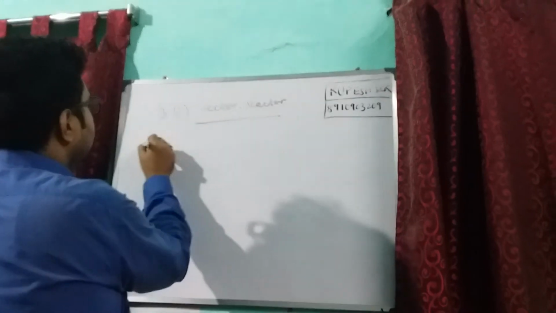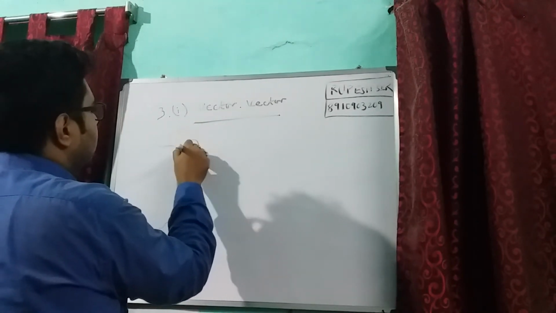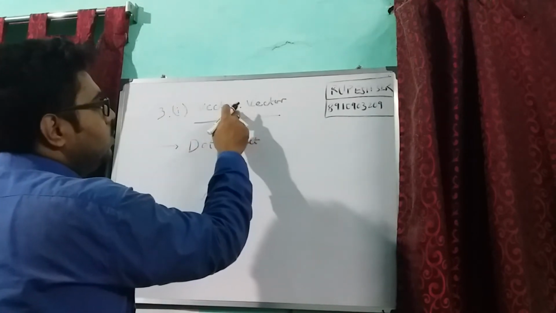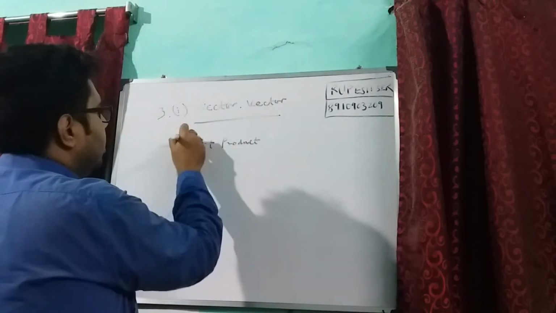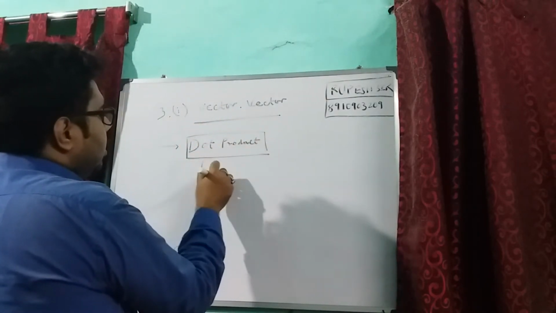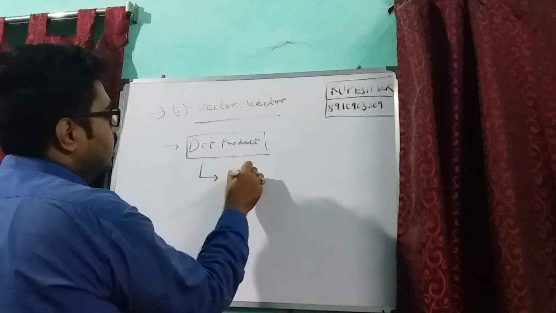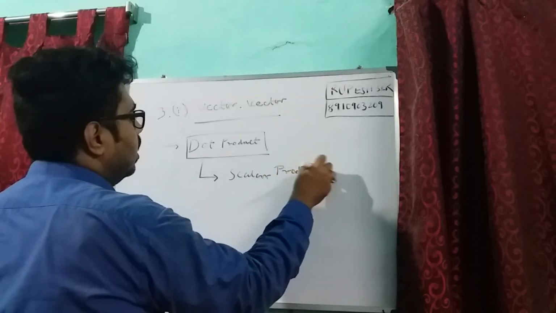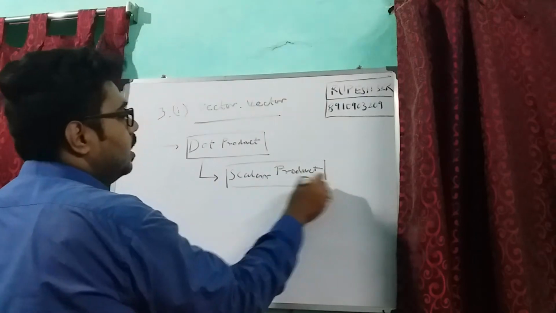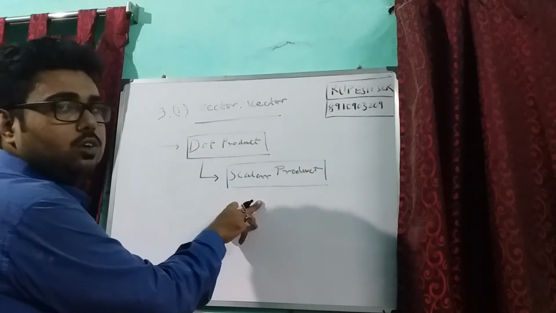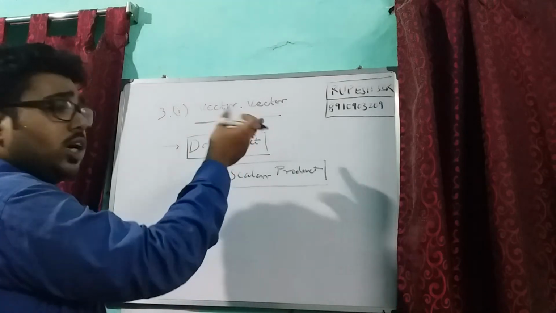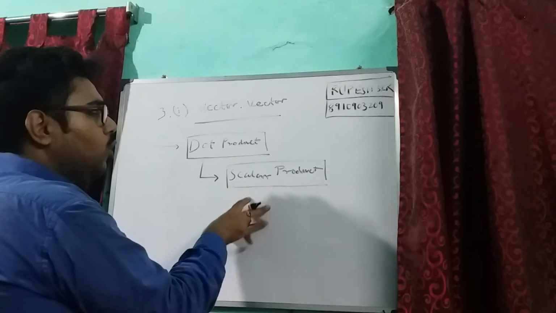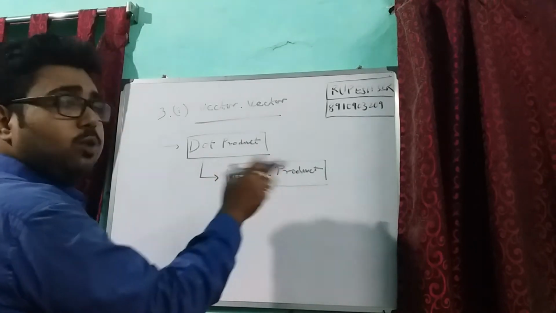It is known as the dot product, since we use this dot sign over here. It is also known as the scalar product, since it returns a scalar quantity. So when we dot product two vector quantities, we obtain a scalar quantity. Okay, let us discuss that.